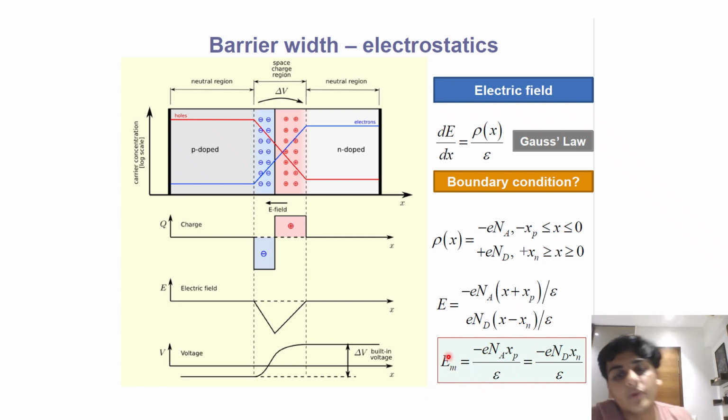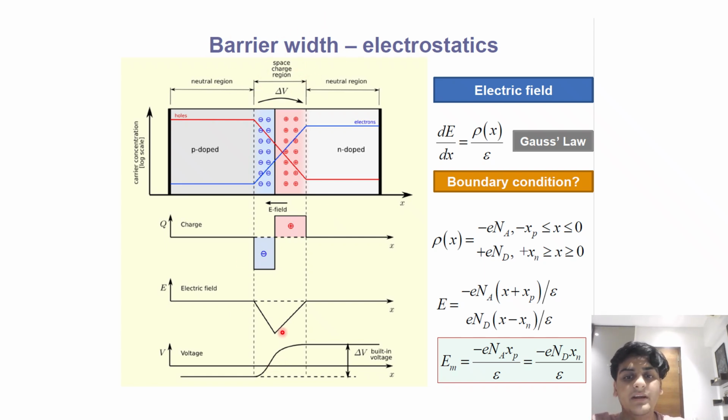The reason we want to calculate this maximum value is that, as I said before, now we have these variables xp and xn. We also have a relationship between them on the last slide, and we know that xp plus xn is our width, which is what we are actually after right now, which is this barrier width.